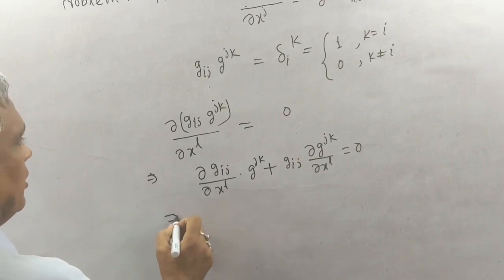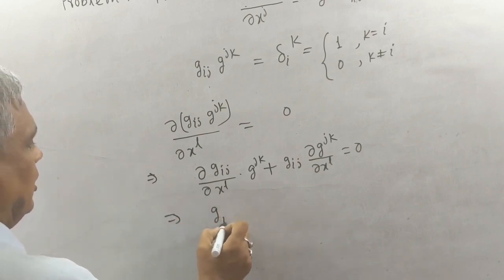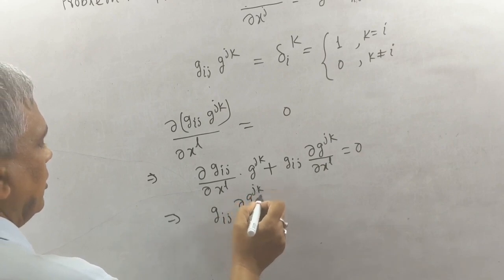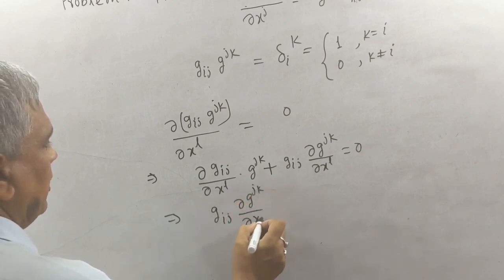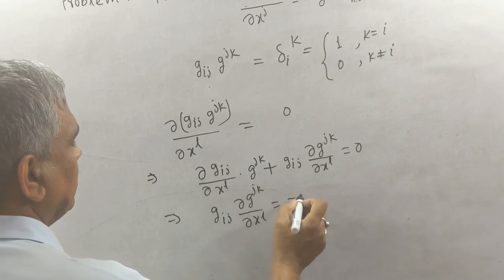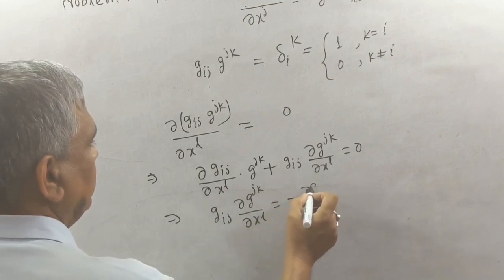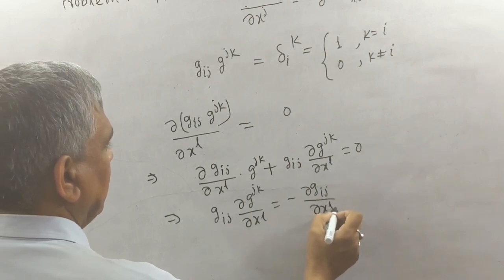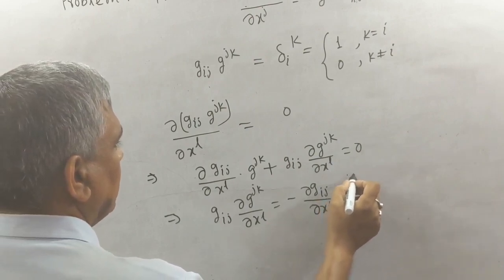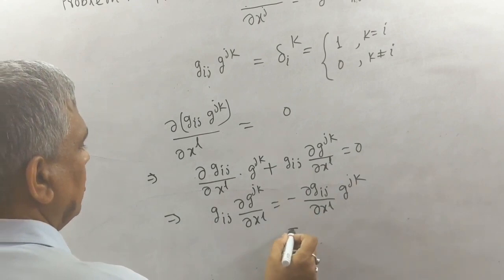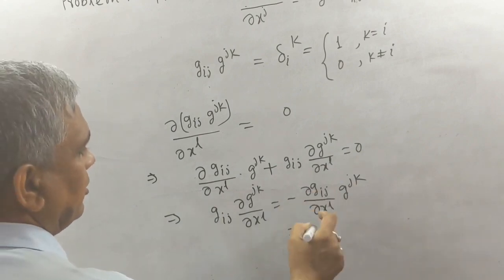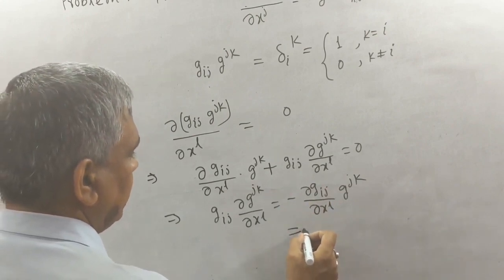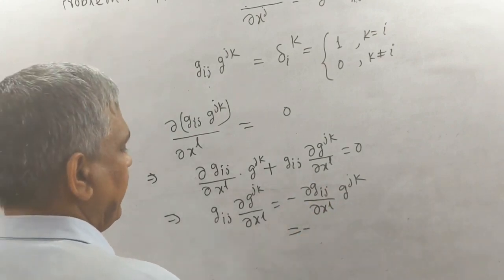implies that g^ij del g_jk by del xl equal to minus del g^ij by del xl g_jk. It may be written as this, as a Christoffel symbol of first kind. We have already done that problem.